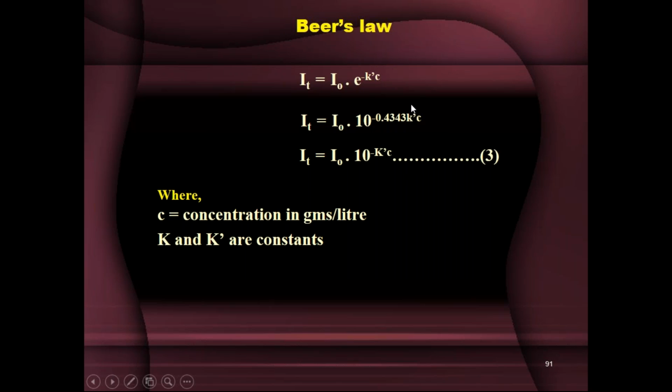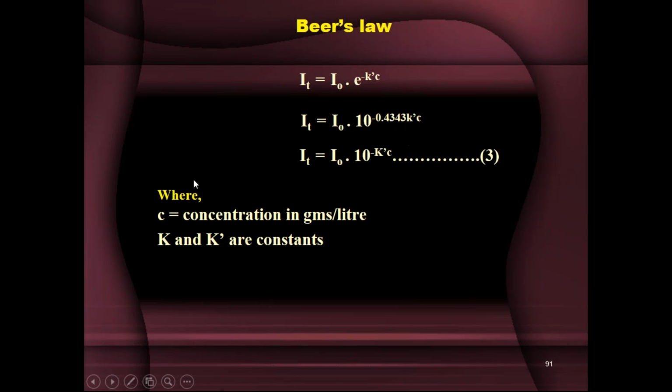And then using capital K dash for small k dash by 2.303, we will get the final equation for Beer's law, IT equals IO into 10 raised to minus K dash C.